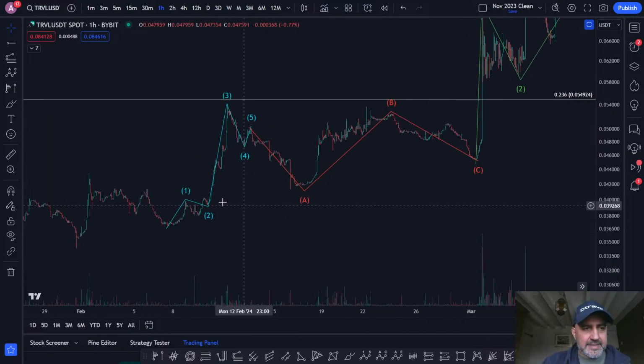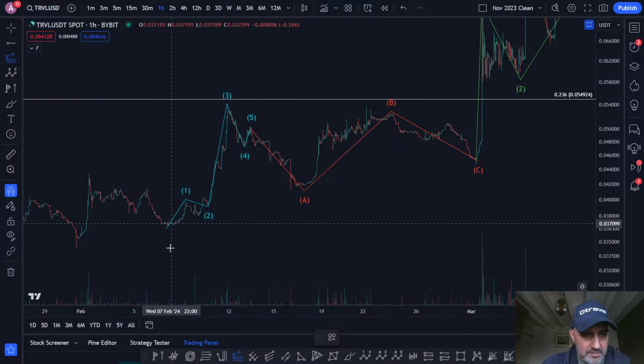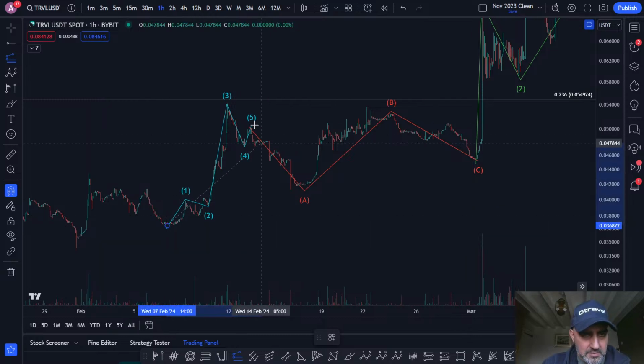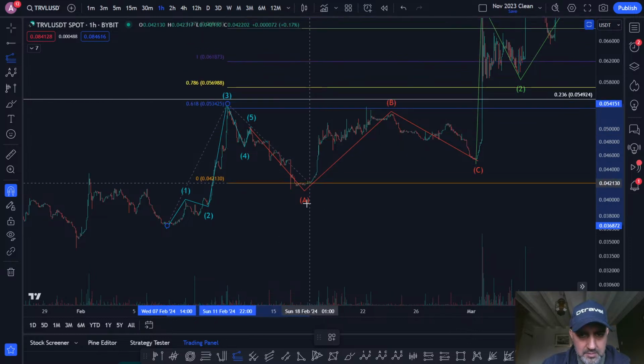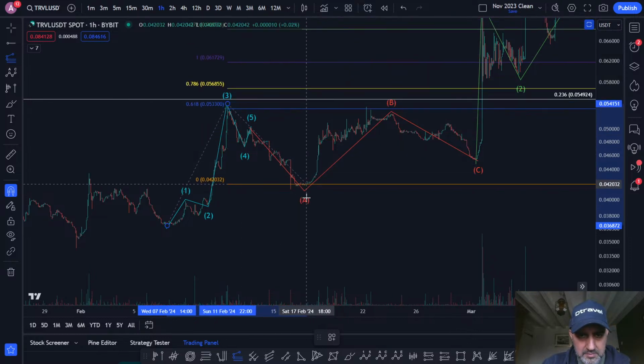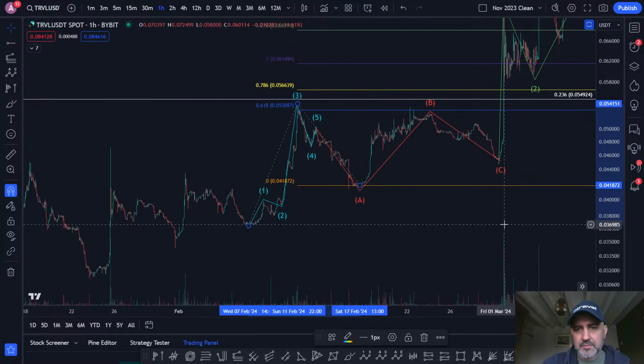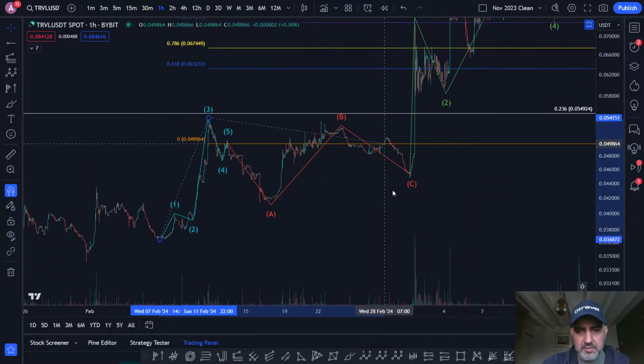So based on that idea, you do a trend-based fib, and that helps. So if I do one there, to here, no, sorry, not to there, to here.